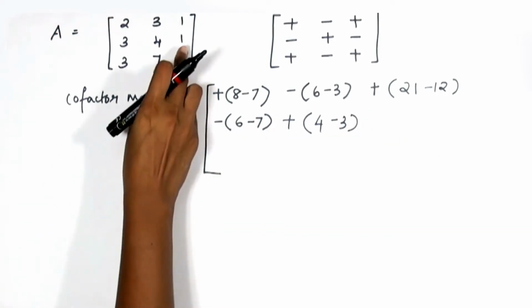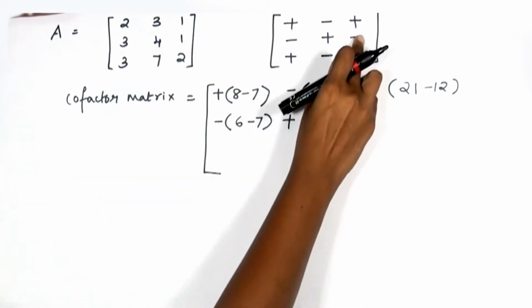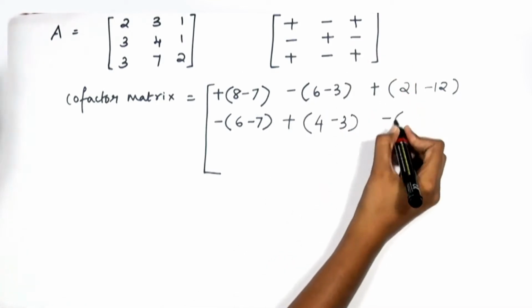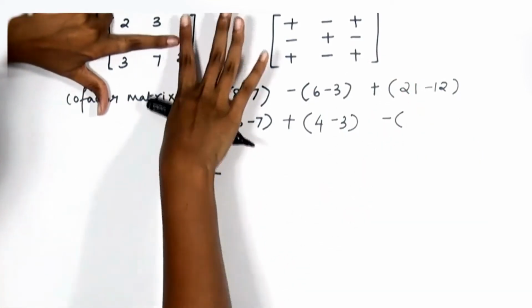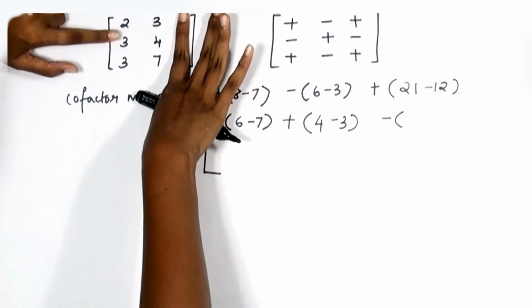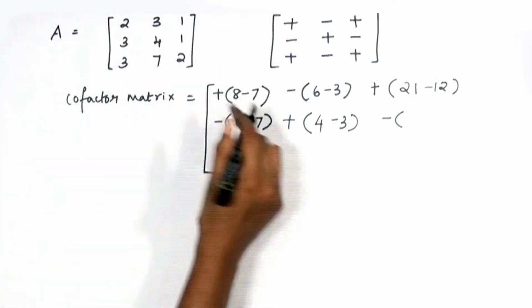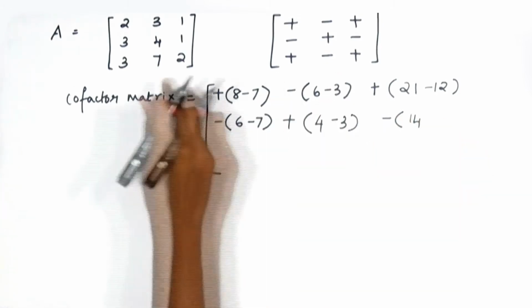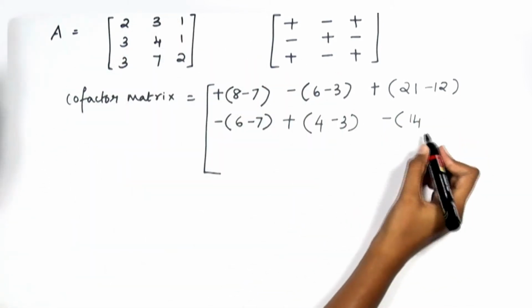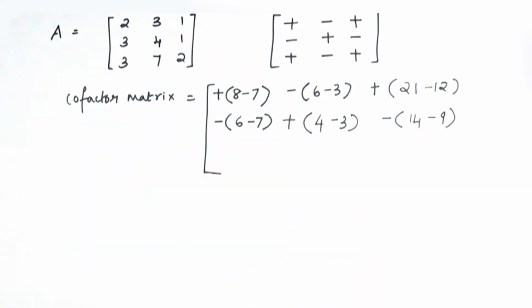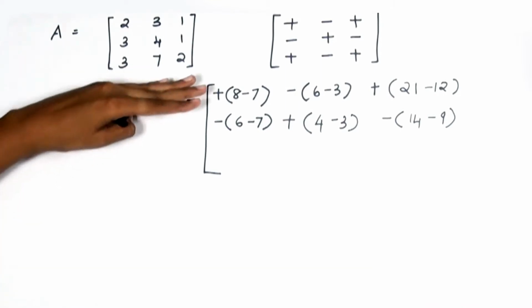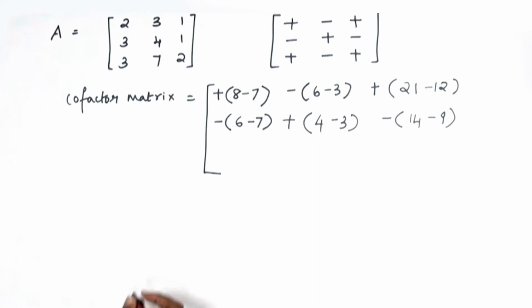So next, for the cofactor of 1, the sign will be minus. This row and this column get cancelled out, and you will have 2, 3, 3, 7. 2 into 7 is 14, minus 3 into 3 is 9. Coming to the next row, you will find the cofactors of the remaining terms.